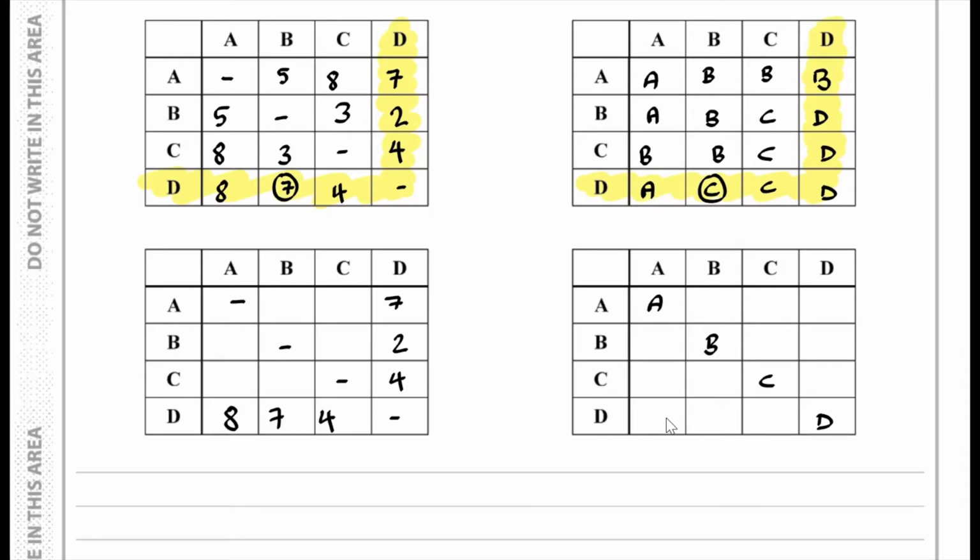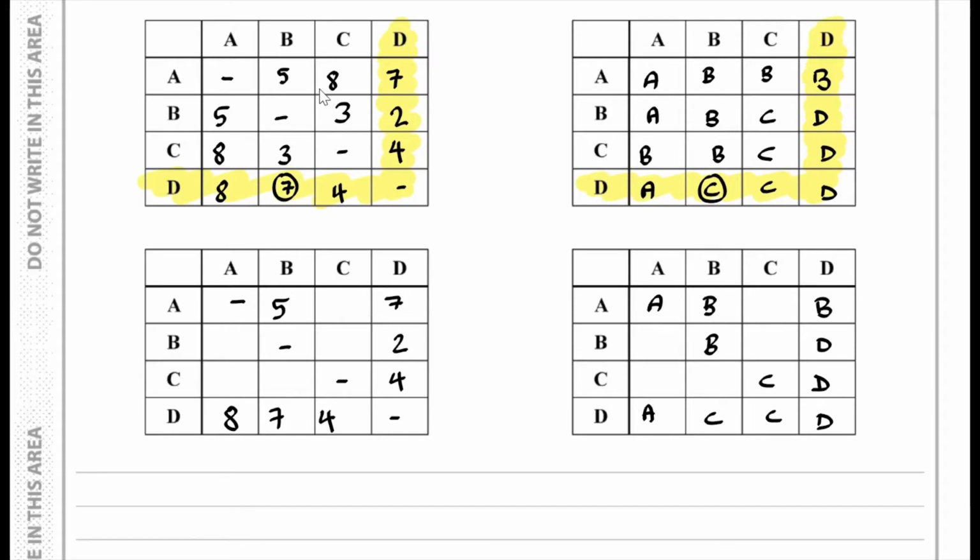The letters remain unchanged as well. A, C, C, B, D, D. Now if we take a look at AB, before was 5, and we compare that with 7 plus 7, which is 14. 5 is smaller, so here we still have 5. The letter has remained unchanged as B.